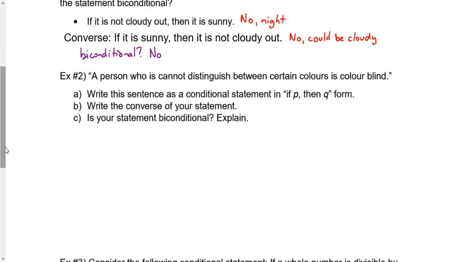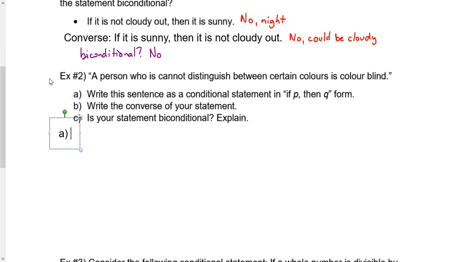Alrighty. So first off, a person who cannot distinguish between certain colors is colorblind. Write the sentence as a conditional statement in if blank, then blank form.